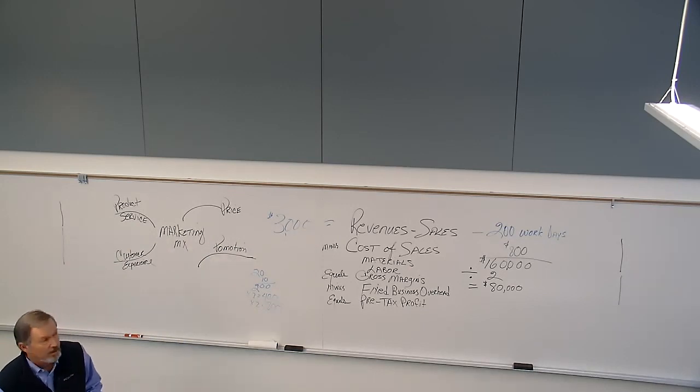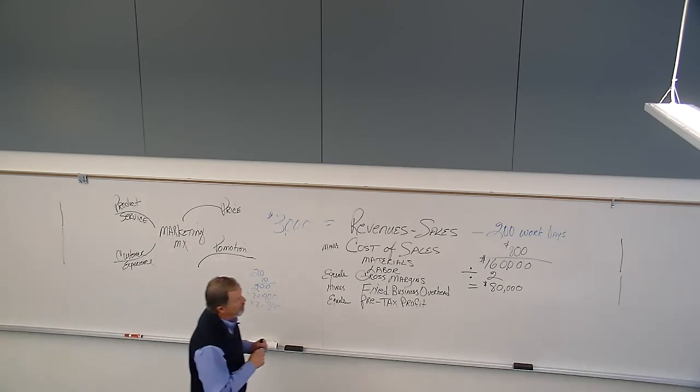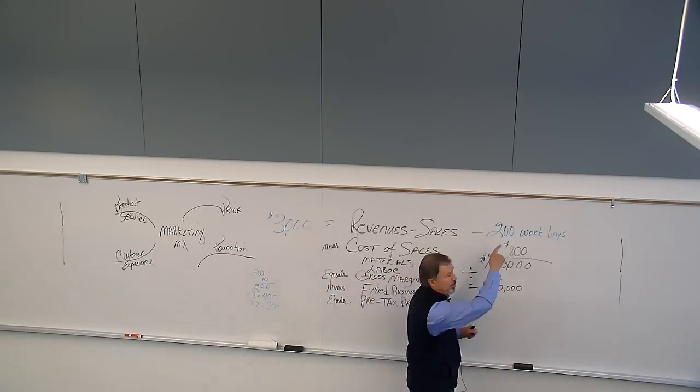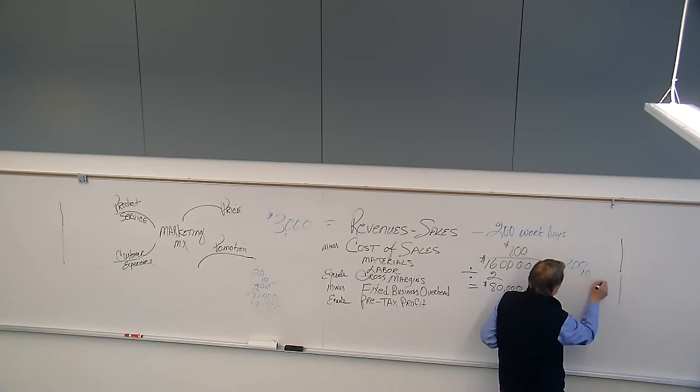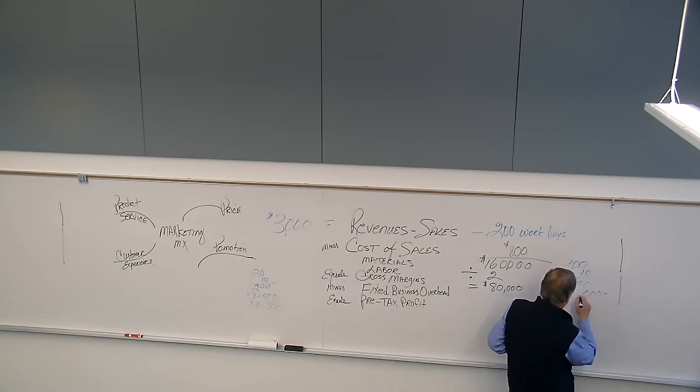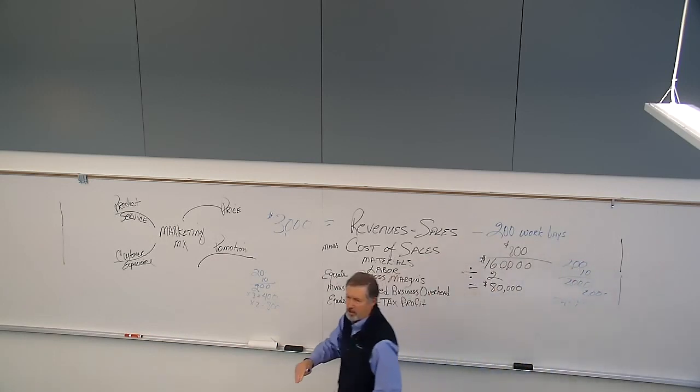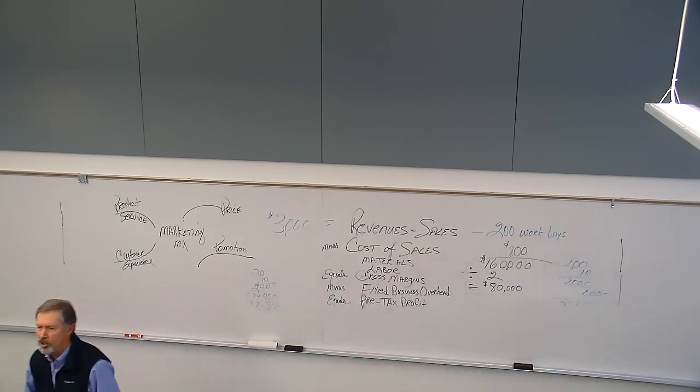They're going to make, if they're working the 200 days, they're going to work 2,000 hours a year at $20. So each one of those people are going to make $40,000 a year working for you.